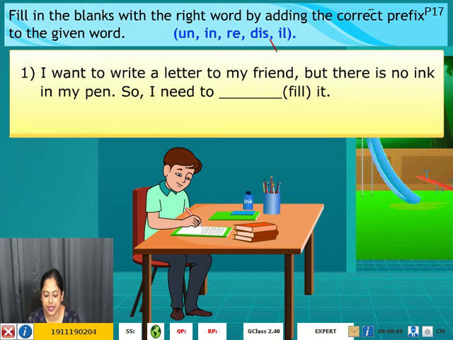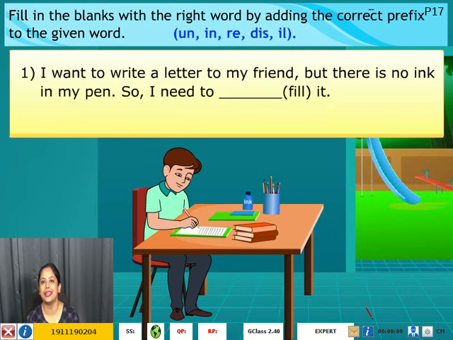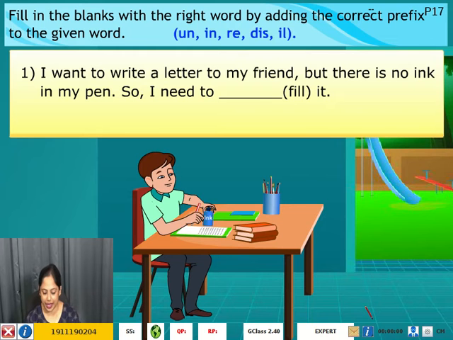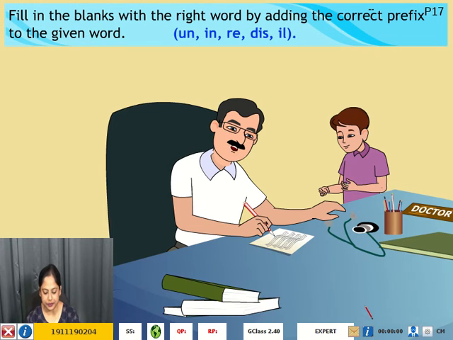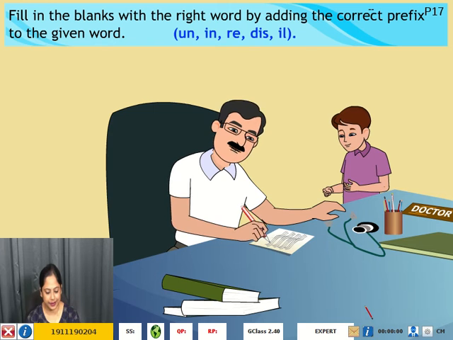Now, can we use dis here? No. There is no word in English called disfill. Can we add il here? Again, there is no word in English called illfill. So what would be the appropriate word here? The appropriate prefix will be re, refill. So I need to refill it, right? Very good.